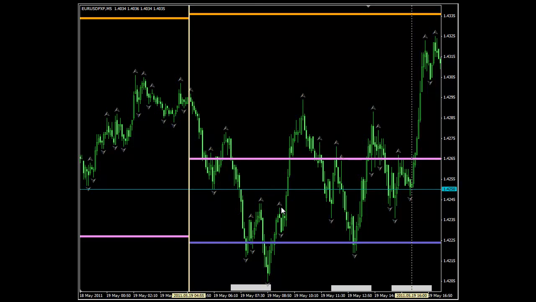Okay, so reviewing real quick some of the basic tenets to my concepts. Usually within the first 4 hours of London session, the high or low of the day is formed. Okay, and here is the London Open. Okay, notice that we made the low of the day well within the London Open time frame that we always refer to. Okay, price trades up.